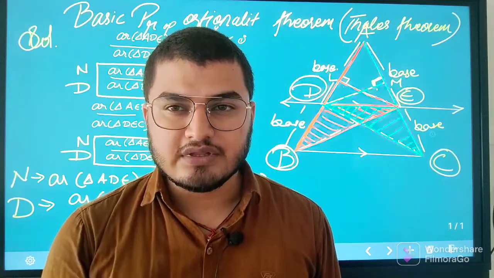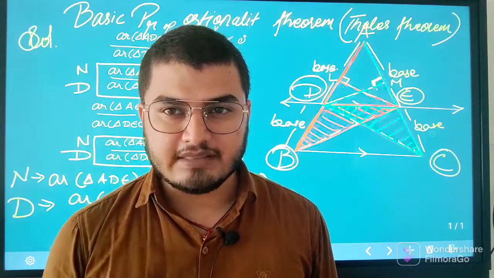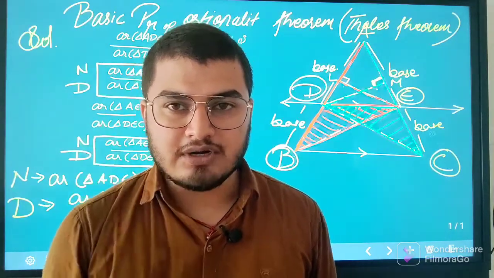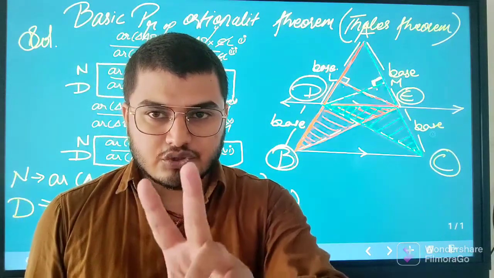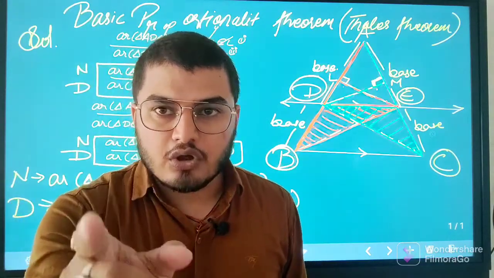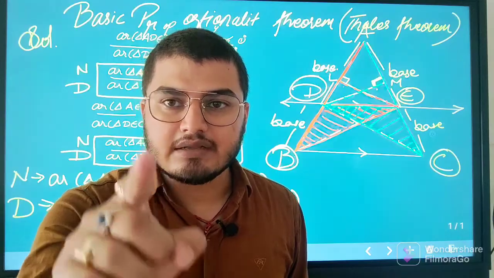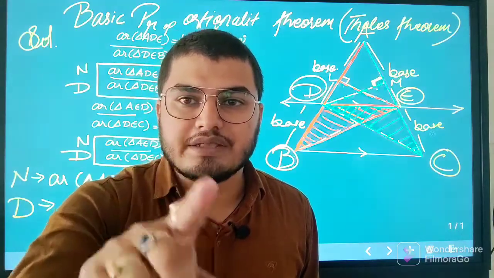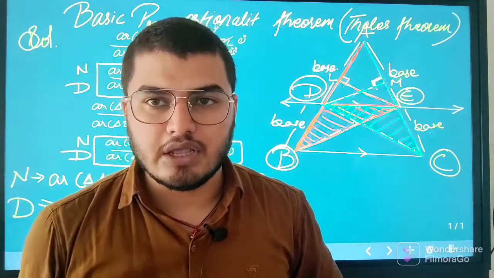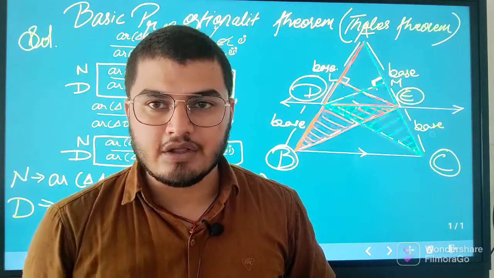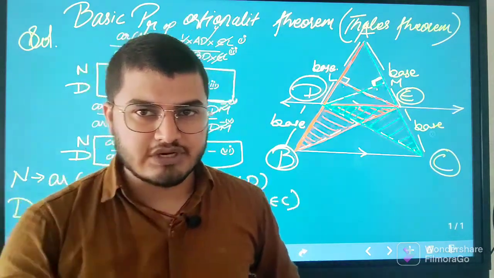I will tell you that there was a theorem. In that theorem, it was being told that whenever two triangles are drawn on the same base and they lie between the same parallel lines, then their areas are equal. Yes, you heard me right. You can write down the theorem. This theorem was in class 9th.